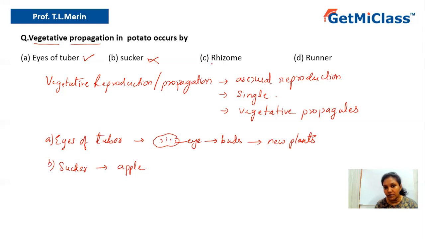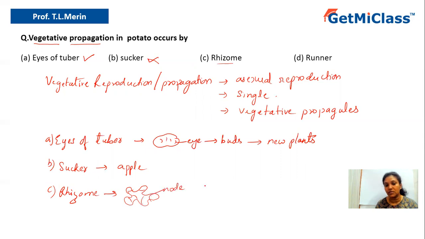So let us go to option C. Option C says rhizome. What do you understand by rhizome? Rhizome is also a kind of modified stem itself. Here also you can find nodes, for example in case of ginger. You can see, for example, this is ginger, and you can see these lines on the ginger. These are nothing but the nodes.